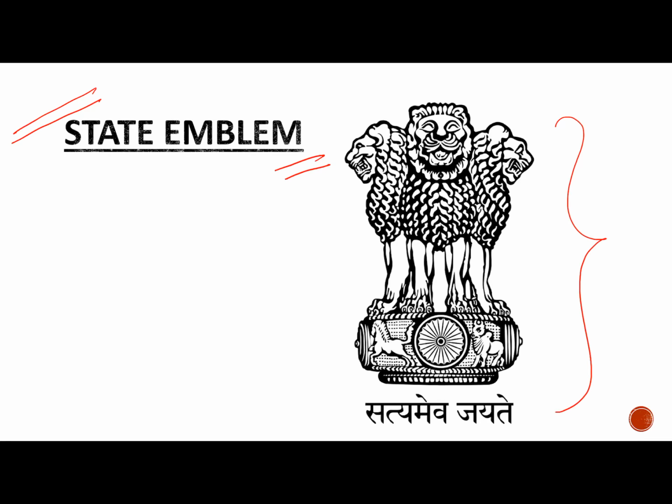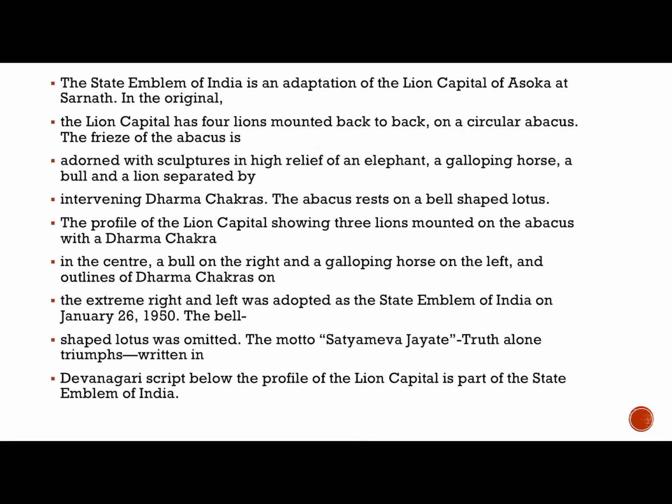So the next important national symbol is the state emblem. Here I have marked the relevant points. It's very important that you know what it signifies and where it has been taken from. The state emblem of India is an adaptation of the Lion Capital of Ashoka, which is at Sarnath.